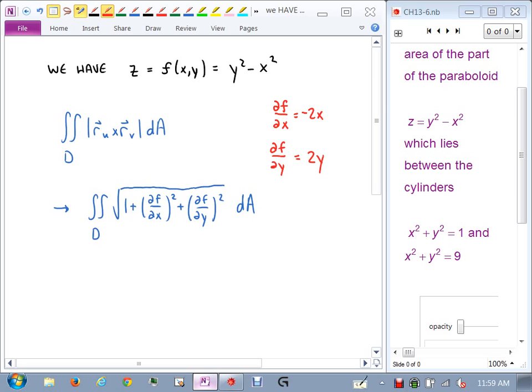So let's plug those in, and here's where we'll be. Double integral over D of the square root of 1 plus 4x squared plus 4y squared dA. Any questions?